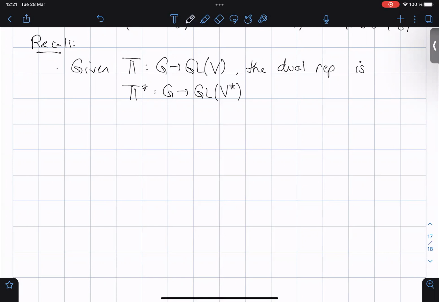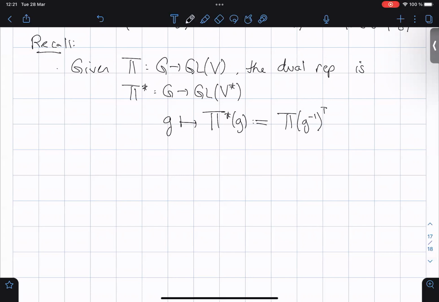How is it described in terms of the original given representation pi? To a group element g, I need to tell you what is pi star of g. What that is: I take g inverse and then take a transpose.